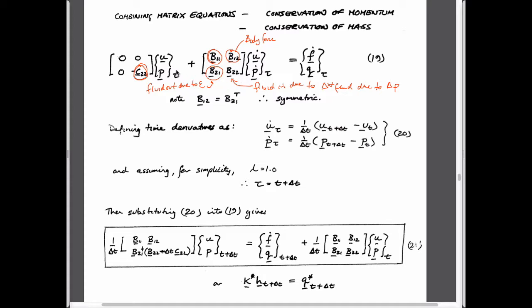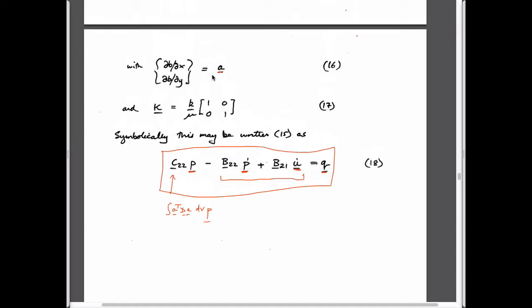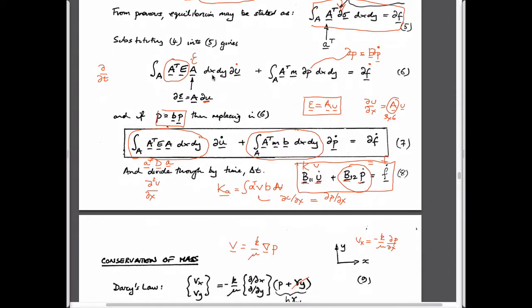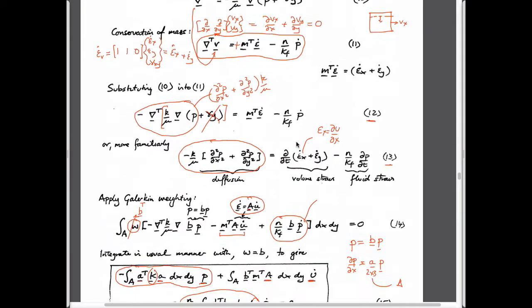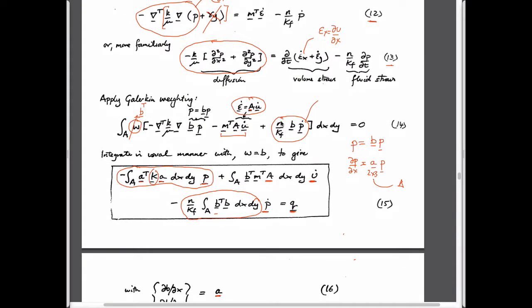We can write them at any particular time that we want, tau, if we want to solve them. And I guess the other interesting thing is if you look at these two relationships, B12 and B21, I don't think I can get them on here at the same time, but this is A transposed M B dx dy, and the other one is the opposite, A, M, B. They're the transpose of each other.